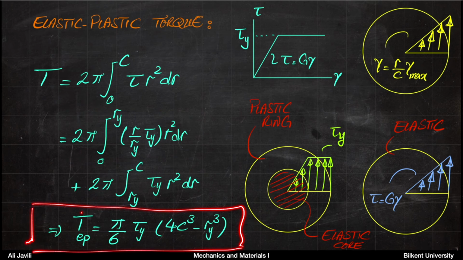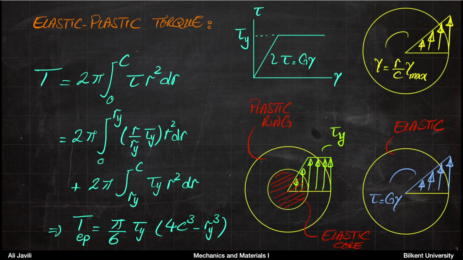So T elastoplastic, the torque for elastoplastic deformation, is pi over 6 times tau y, yield stress, times 4 times C cube minus Ry cube. Okay, so this is our elastoplastic torque.